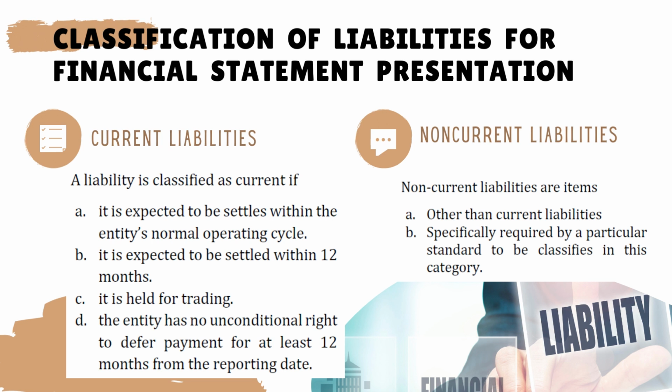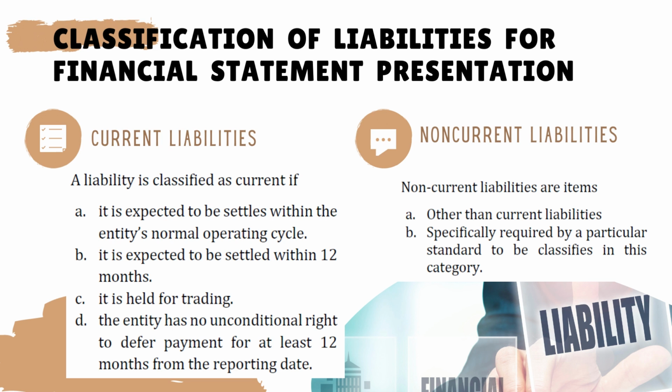If the company has a right to extend for more than 12 months, then that is already long-term, and it should be classified as non-current liabilities. So, these are the four items for current liabilities. If an item does not fall under any of the four, then it is part of your non-current liabilities.